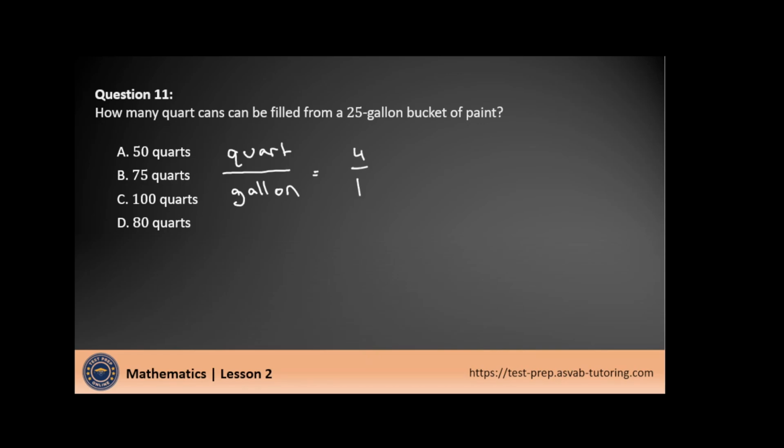Quarts on the top, gallons on the bottom. So if we have a 25-gallon bucket of paint, how many quarts do we have? I put the 25 on the bottom because following through with our ratio, we have gallons on the bottom, and then I put Q on the top because we don't know how many quarts we have. So that's our unknown.